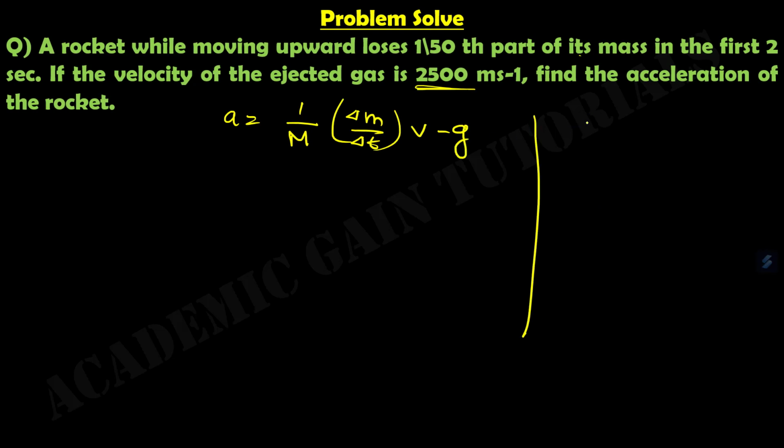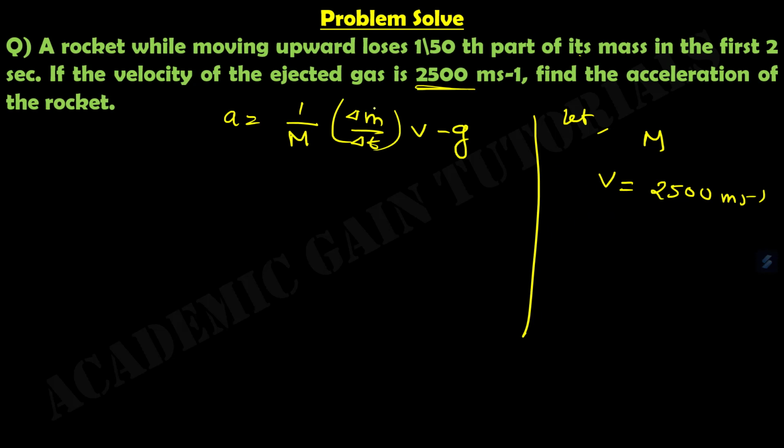Here, let the mass of the rocket be capital M. Del m by del t represents the rate of change of mass, the rate of burning the gas. And v equals 2500 meter per second, the ejection speed of the gas, which is a constant value.